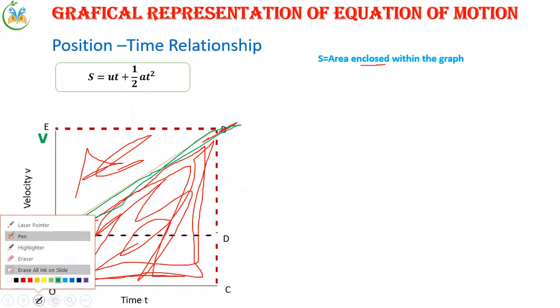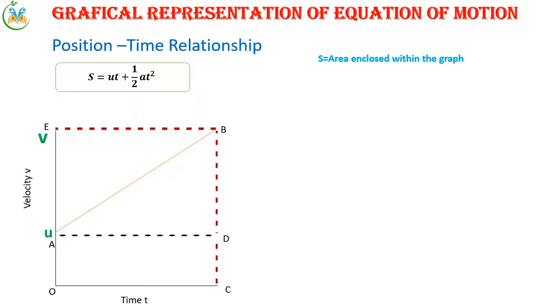So S is the area enclosed within the graph, and we have to calculate this area. We know this area is AOCB.